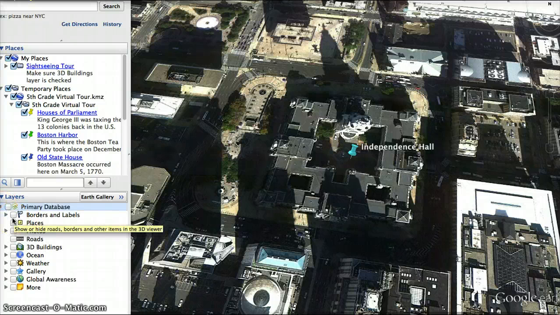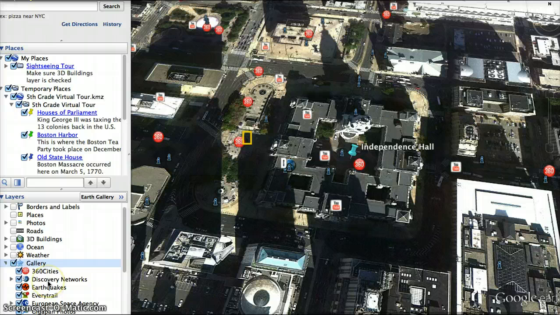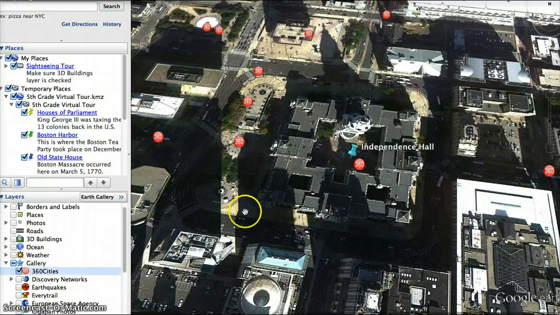So down here in our layers, we are going to find the 360 cities. So if you click on the gallery, we're just going to click on the 360 cities.